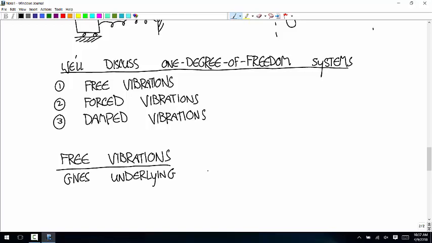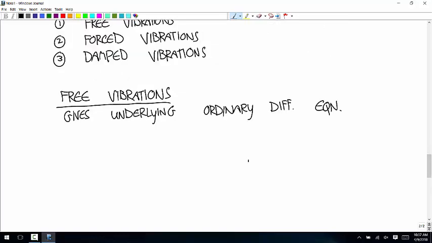So the underlying ordinary differential equation, when we add forces to it and damping to it, that's just going to modify this equation, make it more complicated. But say there's a spring connected to the wall and a cart connected to the spring that rolls along the ground.